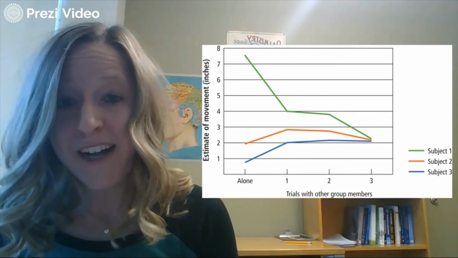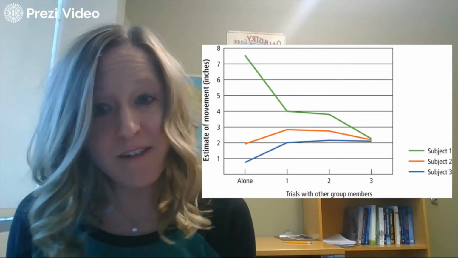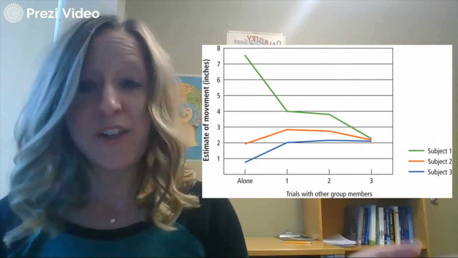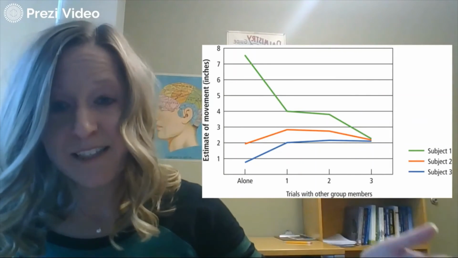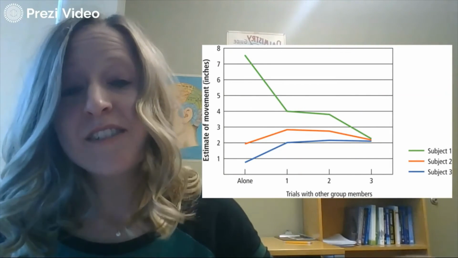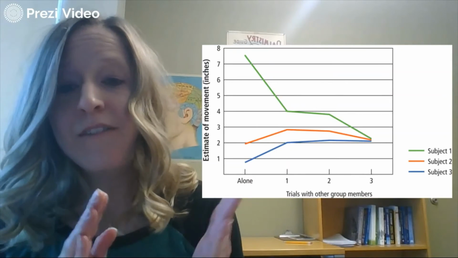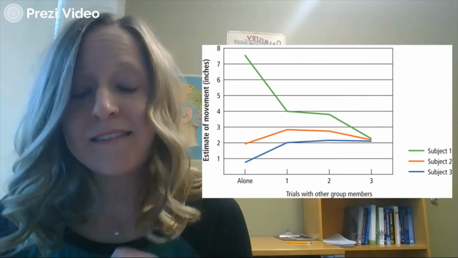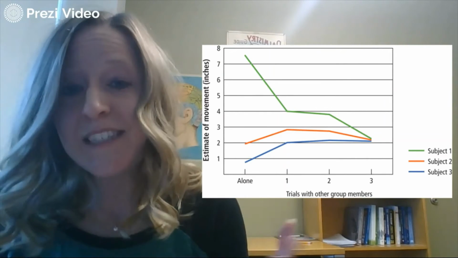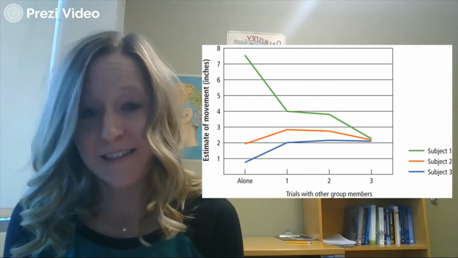They want to be correct. They're not sure of their answer. They hear other people, they're incorporating that information and altering their estimates with these group trials until the group lands upon a shared consensus of movement. We see this convergence of their estimates.